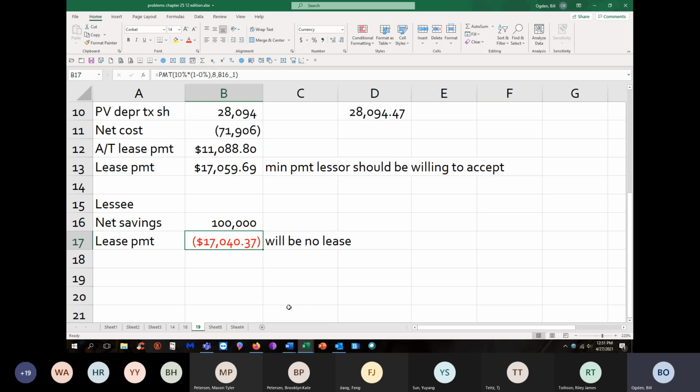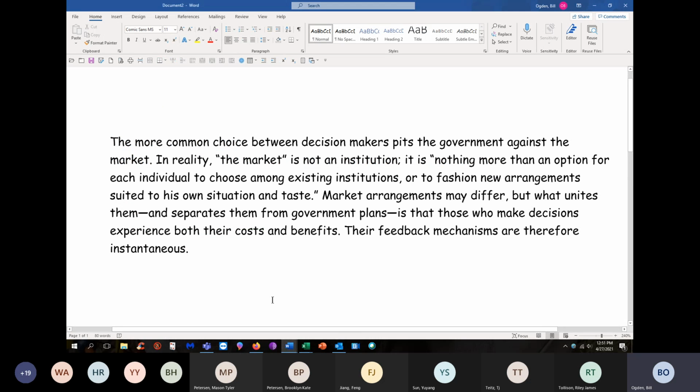And I saw a nice little quote from some person named Thomas Sowell. I don't know if you follow his writings or not, but he talks about the market and what it's worth to us. He says the more common choice between decision makers pits the government against the market. In other words, should the government take over this, whatever it is, or should we leave it to the markets?